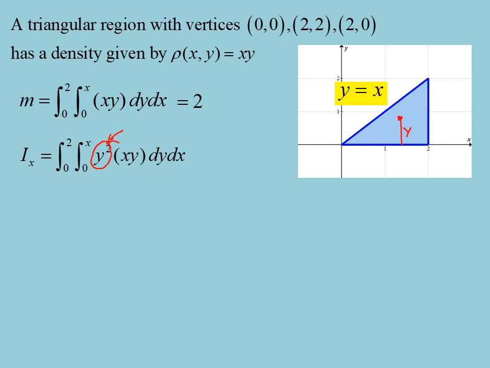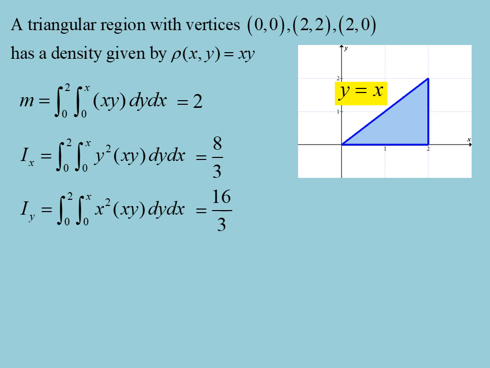Now I know that would simplify, but heck, with the TI-89, you could just go ahead and type it just like that. Here is the inertia about the y-axis. Notice the x squared in the integrand. And so the inertia about the origin would be the sum of those.